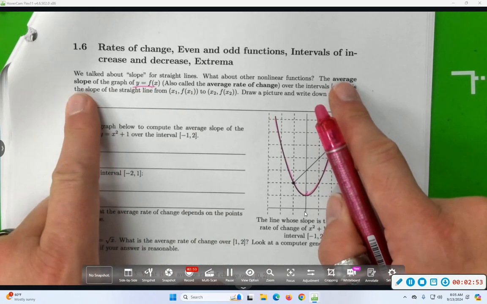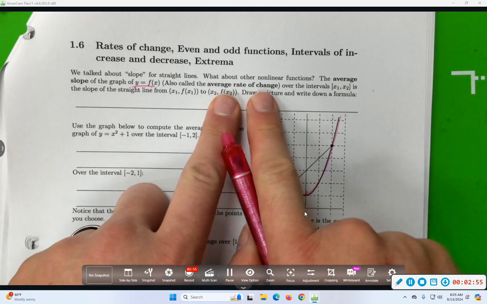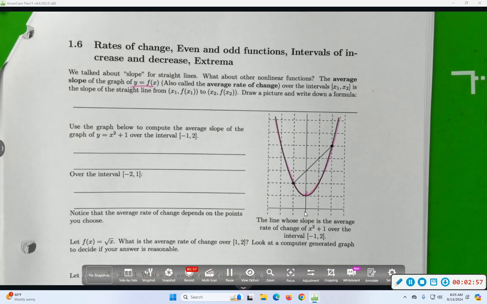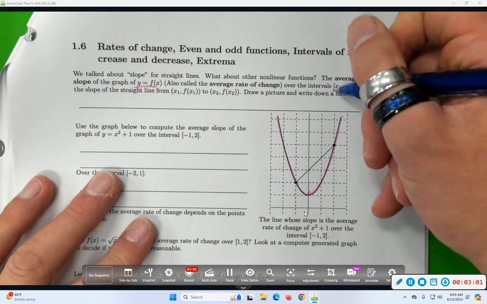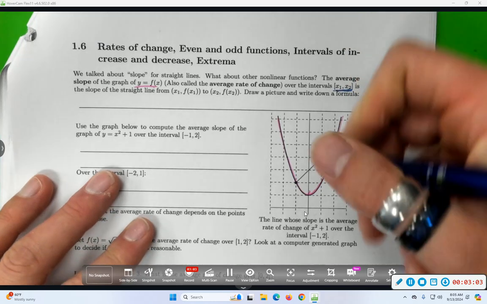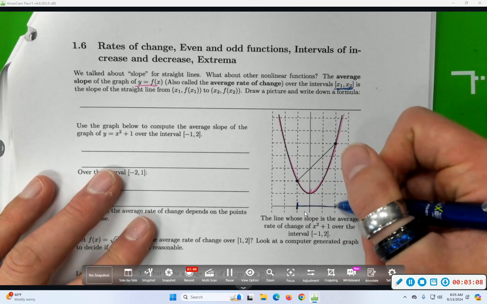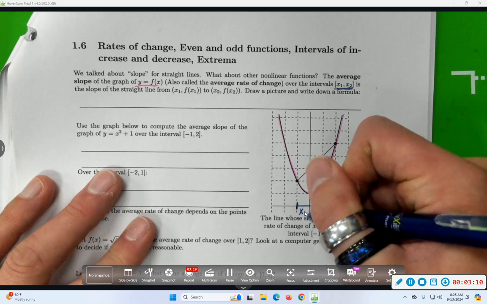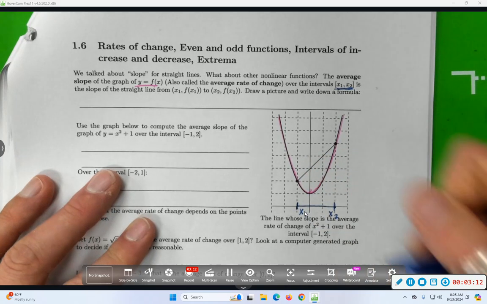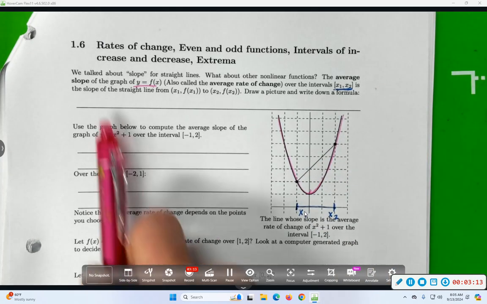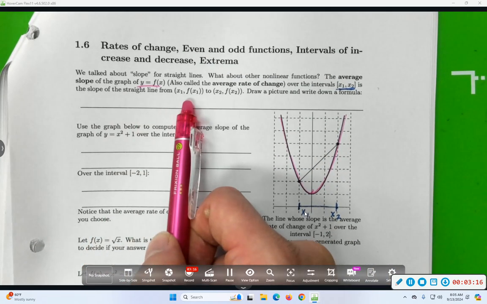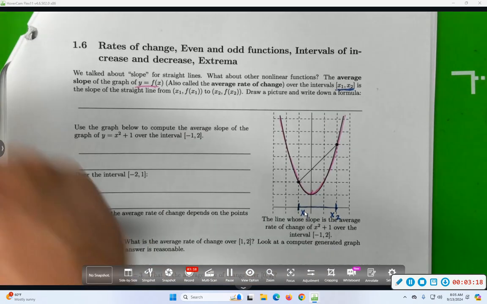The average slope of this function, also called the average rate of change, over an interval, I'll just emphasize that interval as well, x1 to x2, is the slope of the straight line between the point x1, f of x1.